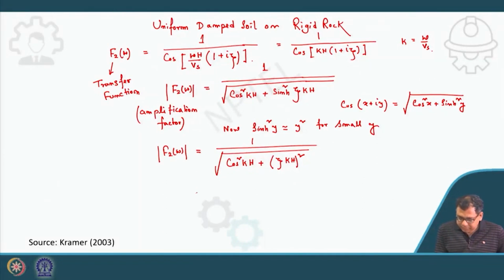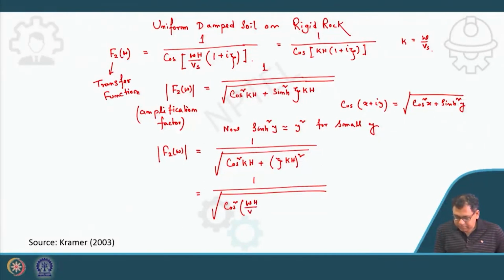Or if I convert the kh value in terms of omega and Vs, then I can write this is cos square (omega h by Vs) plus (damping ratio omega h by Vs) whole square.